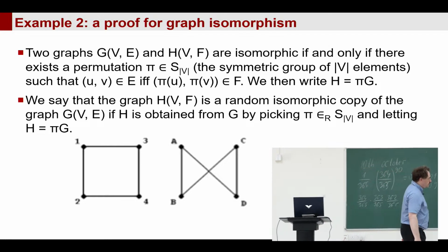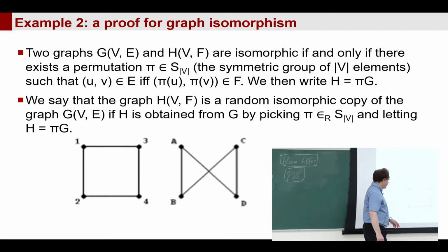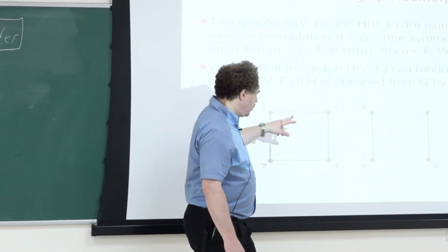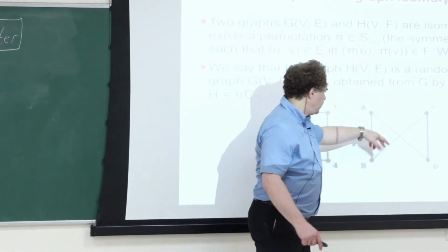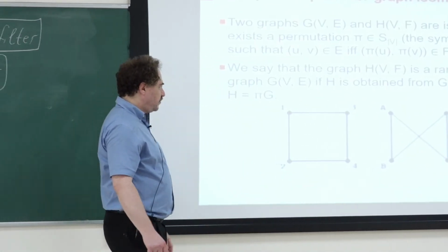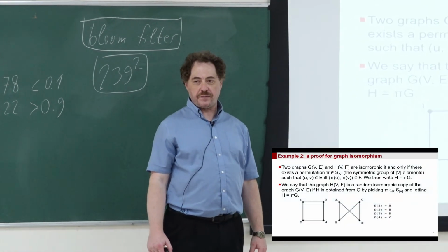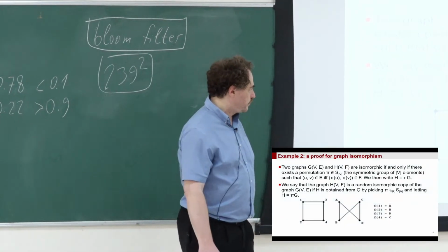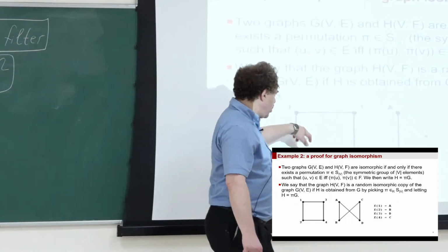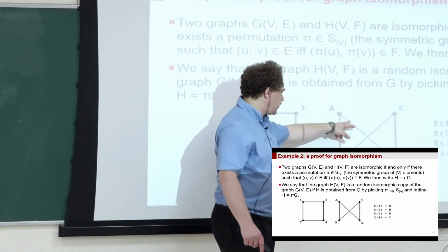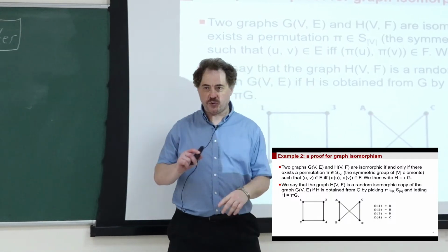Here's an example of 2 graphs. Here we have a rectangle. Here we have this shape of a butterfly or something. Is it isomorphic? It's the same nodes. Can we map the nodes of this graph to the nodes of this graph so that the edges correspond?